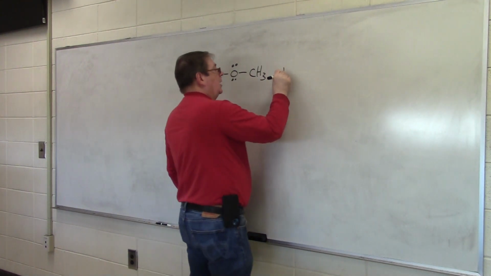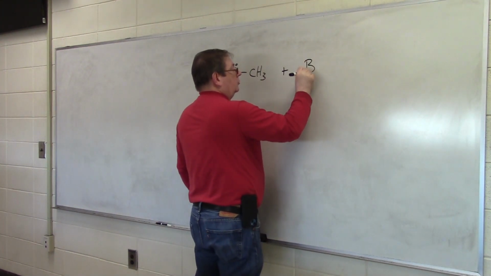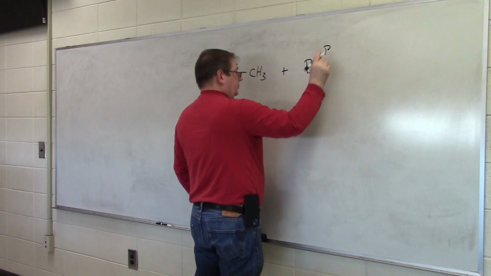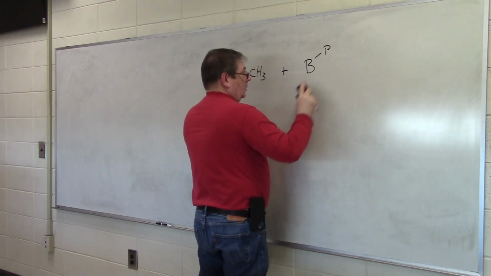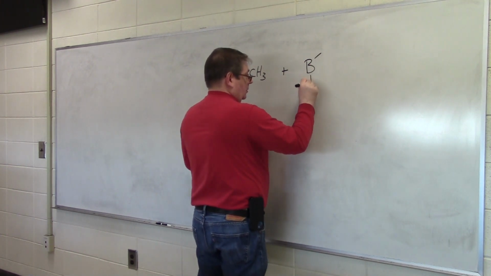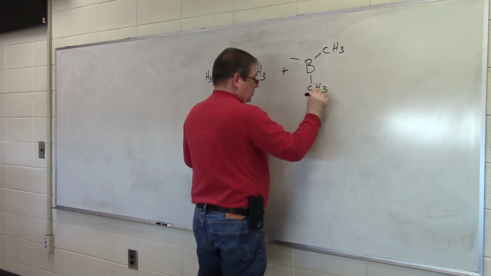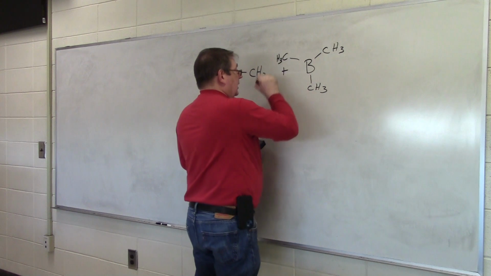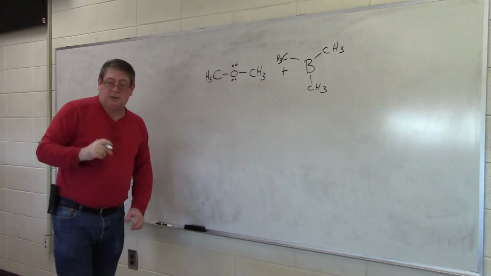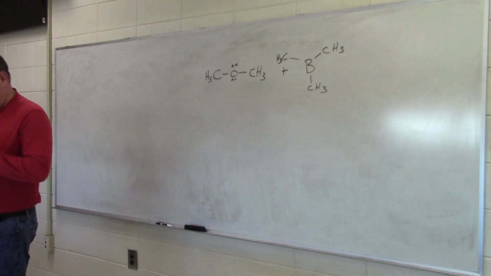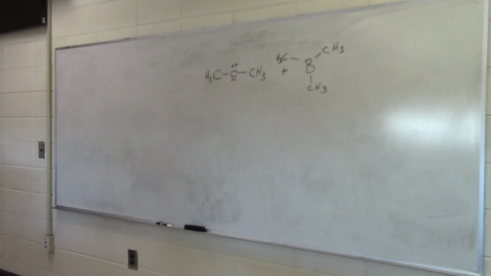And we're going to react that with trimethyl borane. And this is a Lewis acid, Lewis base reaction. I'm not going to show you what the product is. You tell me which one you think is the Lewis base, and which one you think is the Lewis acid, based on the structures that I've drawn.